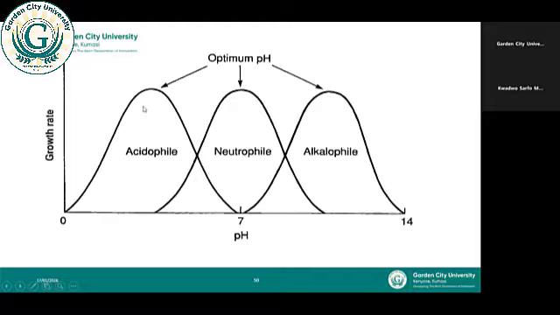So always, you should know the environment and the pH of that environment where the organism was introduced. For treatment, drugs can also produce the opposite of the pH that the organism likes, so that the organism will not survive. So this is the optimum that enables growth for acidophiles, for neutrophiles, and then alkalophiles.